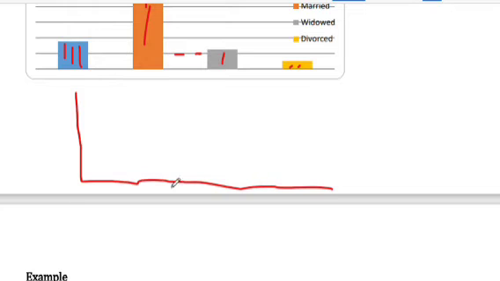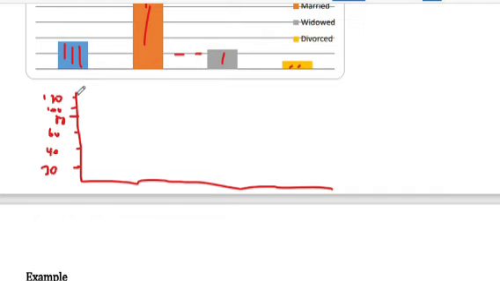This is supposed to be a straight line. Now let me divide this because the values are large. Let's say 20, 40, 60, 80, 100, 120.